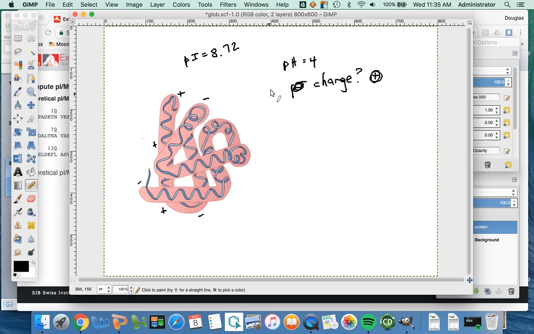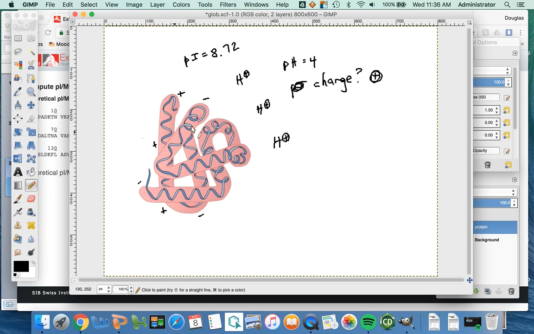Okay, and the way you can maybe think of that instead of just memorizing it is saying, well, if I know that at a pH of 8.72 I have a net neutral protein, if I put it at a pH of 4, this is a more acidic environment. And if I have a more acidic environment, that means I'm going to have protons sort of bombarding this protein.